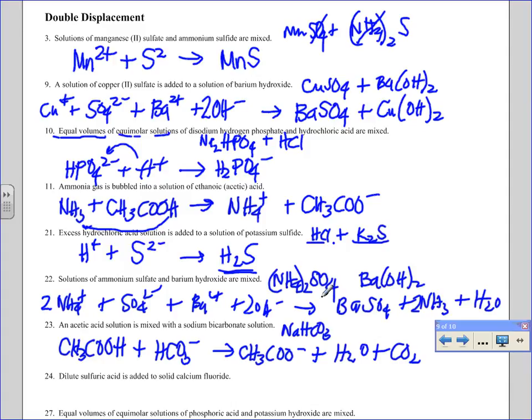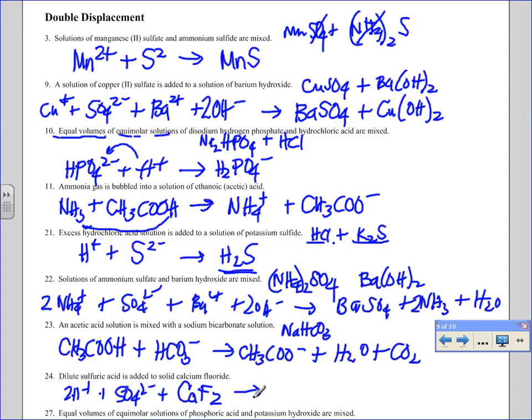Next one, dilute sulfuric acid is added to solid calcium fluoride. Okay. In this case, because the sulfuric acid is dilute and it's a strong acid, I'm going to break it up into its ions. The solid calcium fluoride, I simply can write the formula for it.